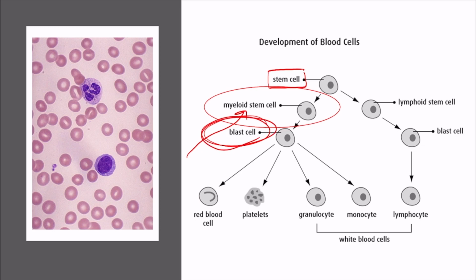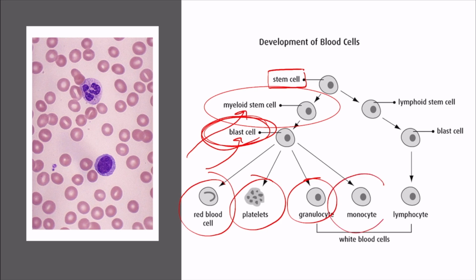So we had the stem cell that separated into the myeloid stem line. And when that myeloid stem cell began to differentiate, it became a blast cell. In normal differentiation, the blast cell of a myeloid stem line could have gone on to become a red blood cell or a platelet or a granulocyte, that's the white blood cells that have granules within them, or even monocytes.